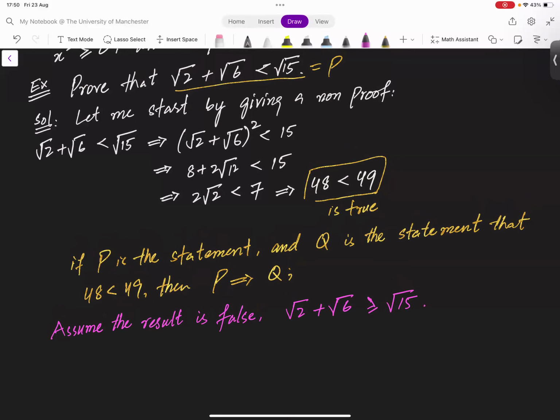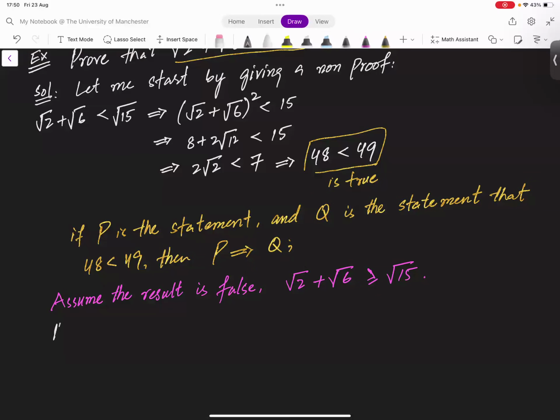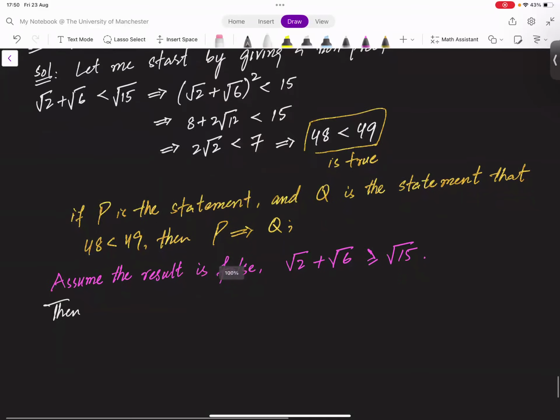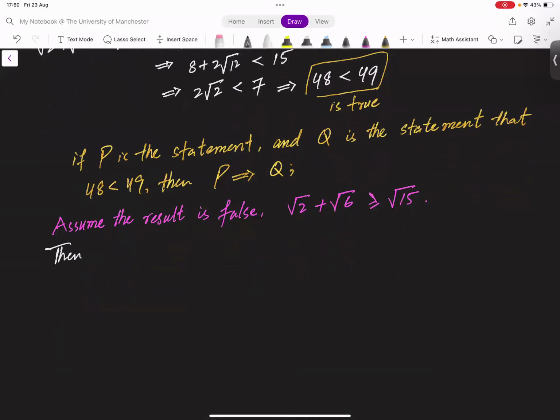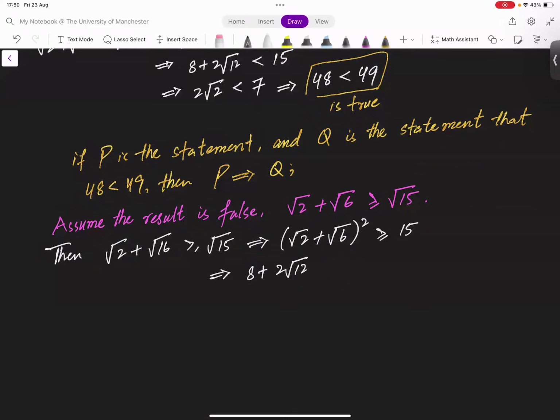Then (square root of 2 plus square root of 6) square is greater than or equal to 15, and we can write 8 plus 2 square root of 12 is greater than or equal to 15.